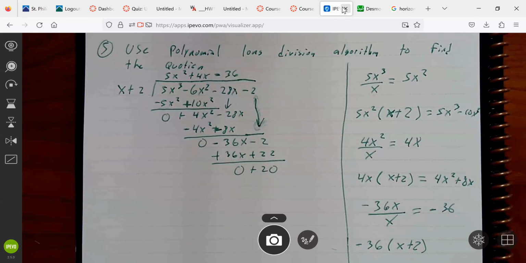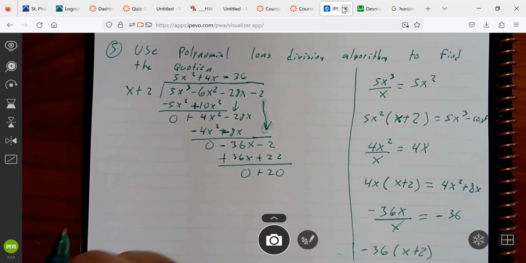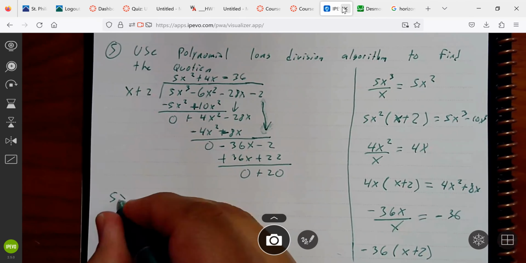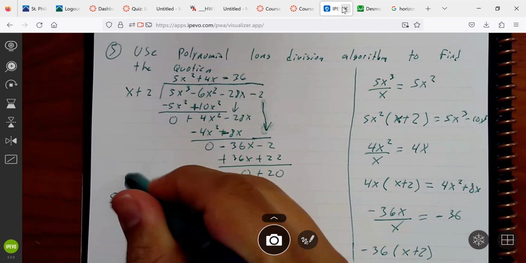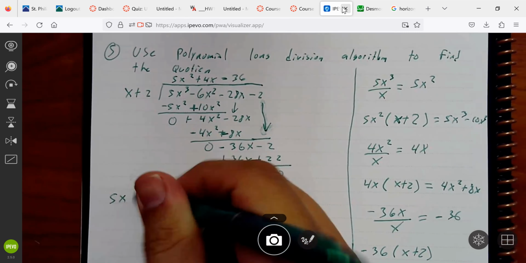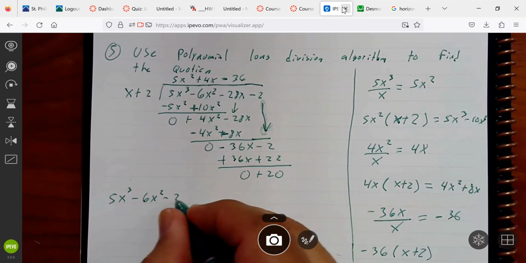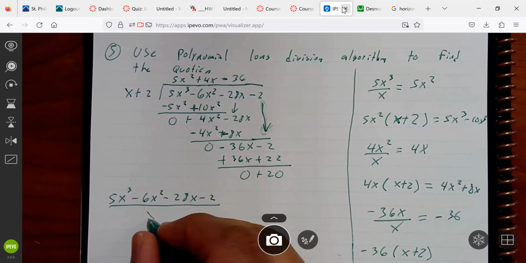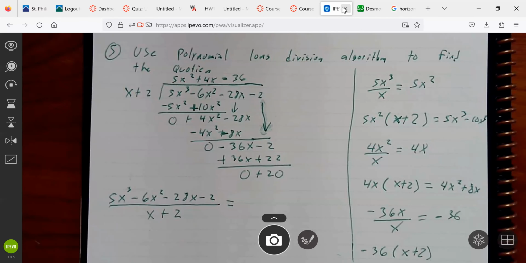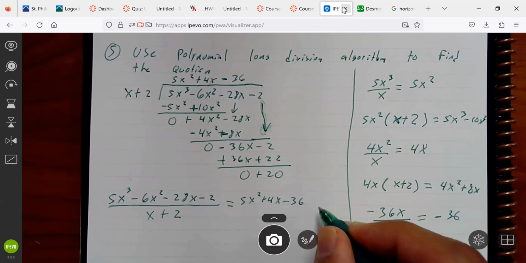So the answer they want is going to be, see if I can fit it in here, equals this quotient plus your remainder.